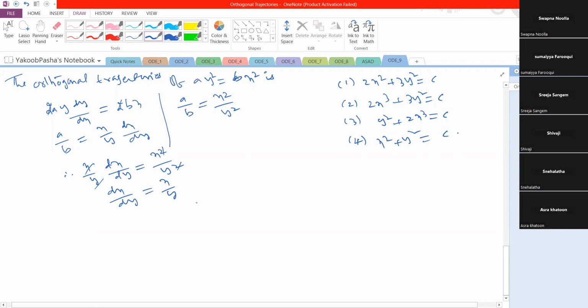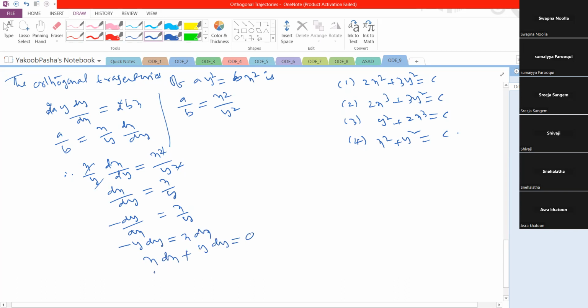Now replace dy by dx by minus dx by dy. That means here we get minus dy by dx is equal to x by y. Now by cross multiplication, our variables are separated: minus y dy is equal to x dx, that is x dx plus y dy is equal to 0.